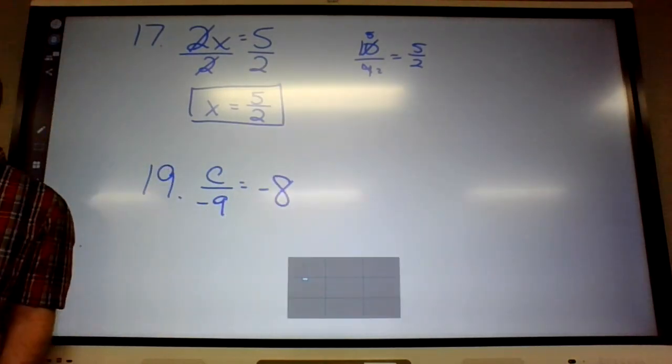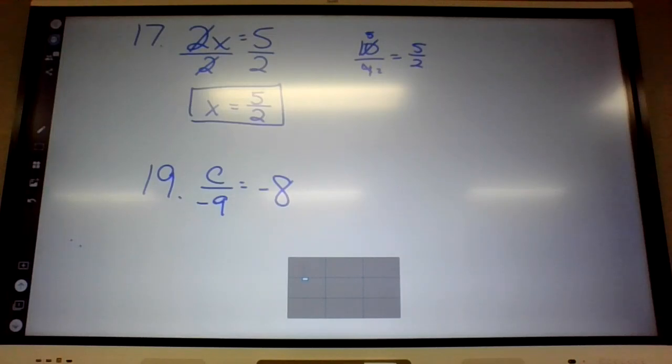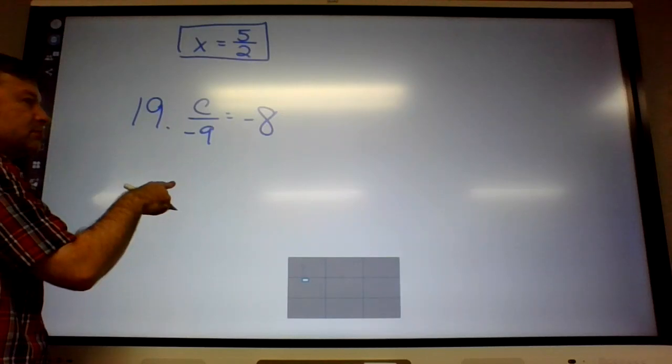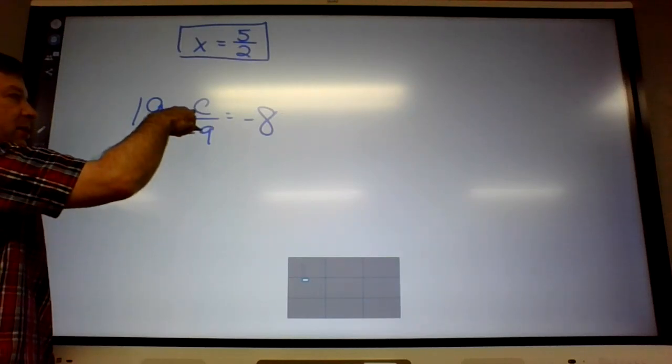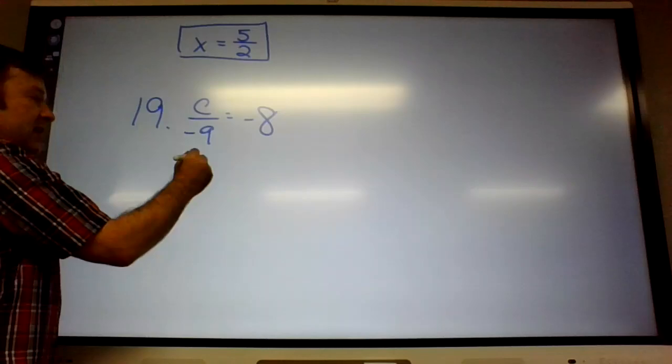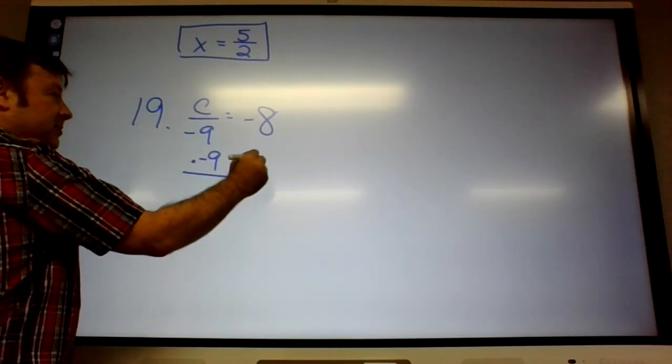Alright, did I copy that right? Yes. Okay, Trace, what do we do on this one? Would you multiply 9 and 8? Yeah, so c divided by negative 9, so to get rid of divide by negative 9, we're going to have to multiply by negative 9.